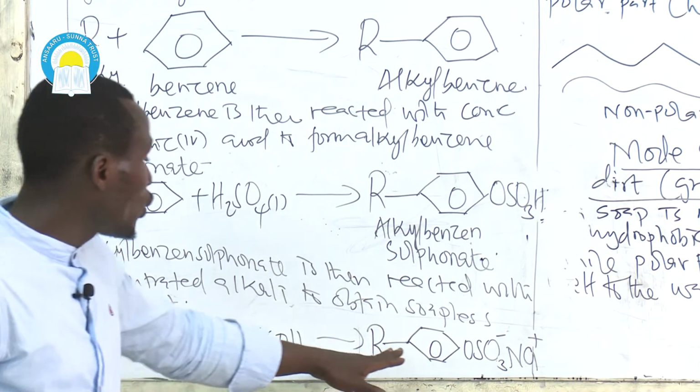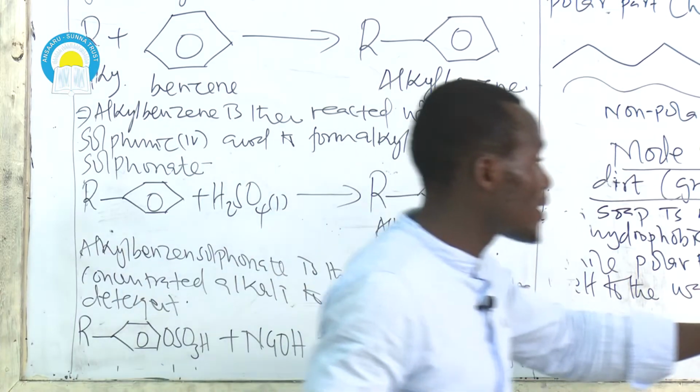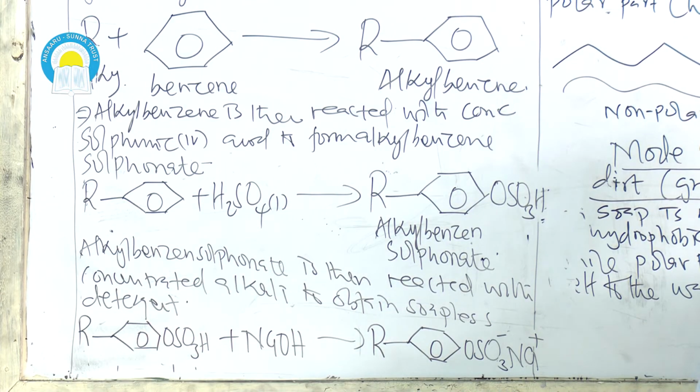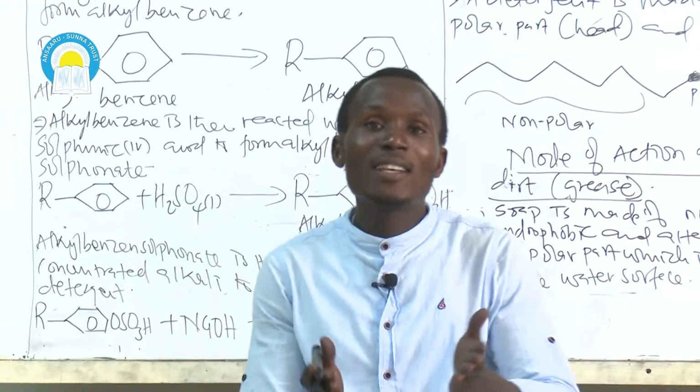Then, after the formation of this, the difference between a soapy detergent and the soapless detergent is that the soapy one forms scum with hard water. That's the effect of a soapy detergent on hard water. But a soapless detergent does not form scum with hard water. Why is this so?